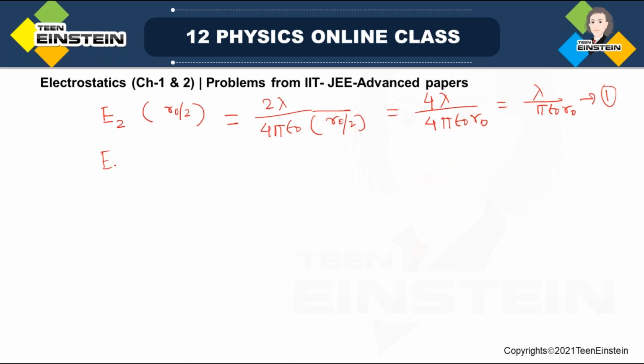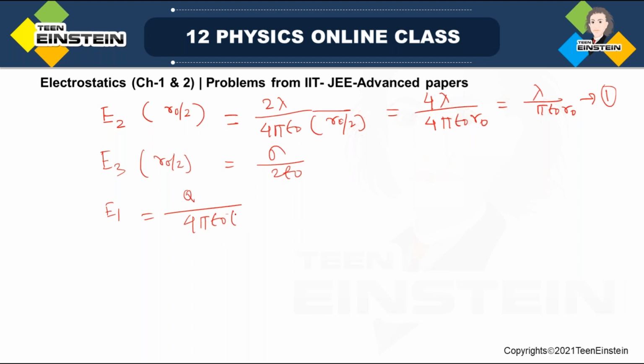E3 we can also find at R0 by 2. This is always the same, 2 sigma by epsilon 0. And what is E1? E1 is Q by 4 pi epsilon naught R0 square. Now I have to write this for R0 by 2.